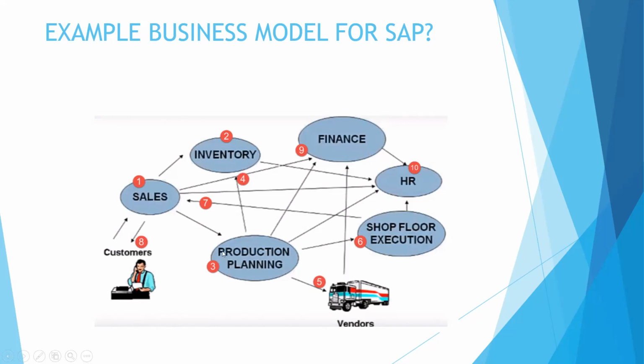He ordered 10, and production planning takes the order. Once he takes the order, he manufactures and keeps it in inventory, that means he will add stock. Let's take an example: you got an order today, around 7th or 8th February.